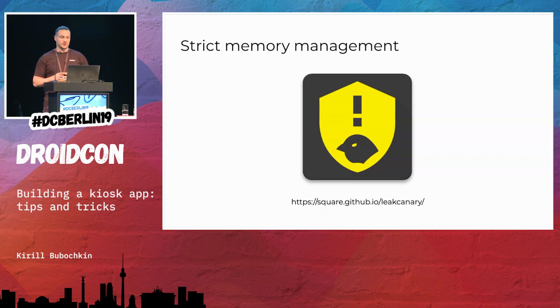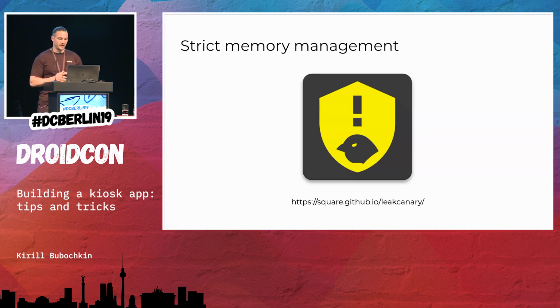Because for a common business app, an average session can hardly be more than, let's say, half an hour. And after that, the app usually goes to background where the operating system can just kill it, so we can be forgiven for small memory leaks.